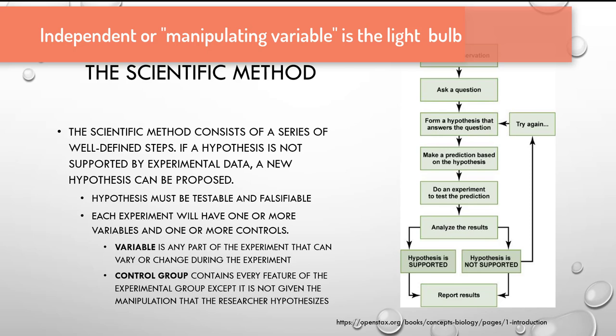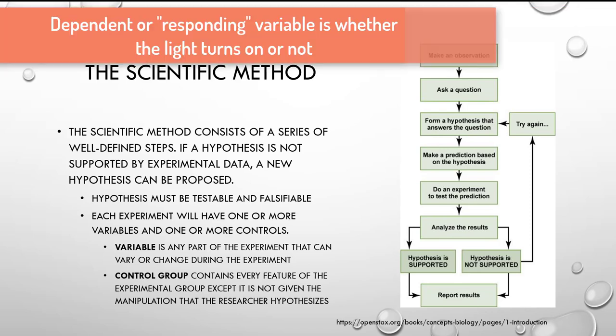Basically, I'm just replacing the light bulb with a new light bulb. And then my dependent variable would be whether the light goes on or not. Those are things that can change or vary in the experiment.